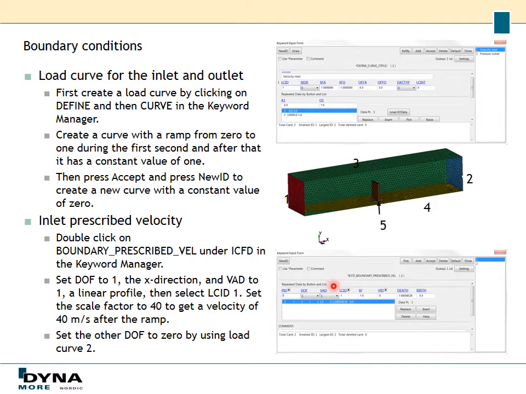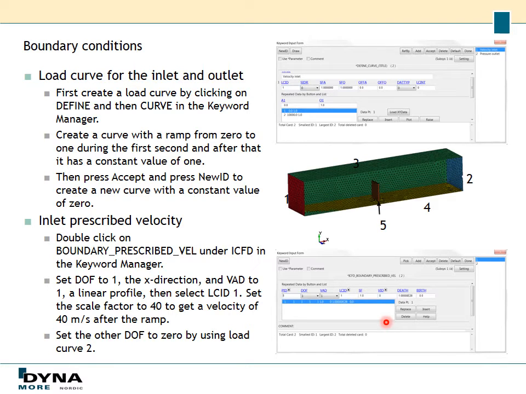To define the velocity, locate the keyword eCFD boundary prescribed vel and enter the part ID 1 and the degree of freedom 1 and use the load curve 1. And then enter a scale factor of 40, which means that our velocity will be 40 after the ramp has finished.